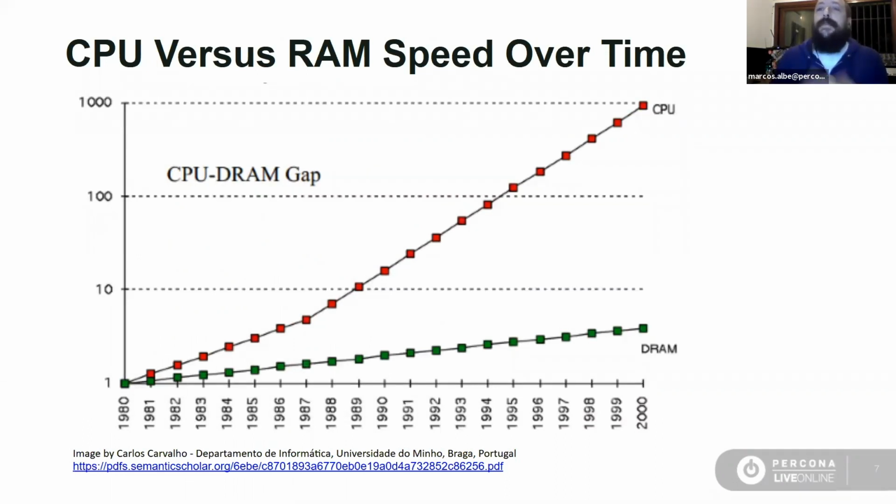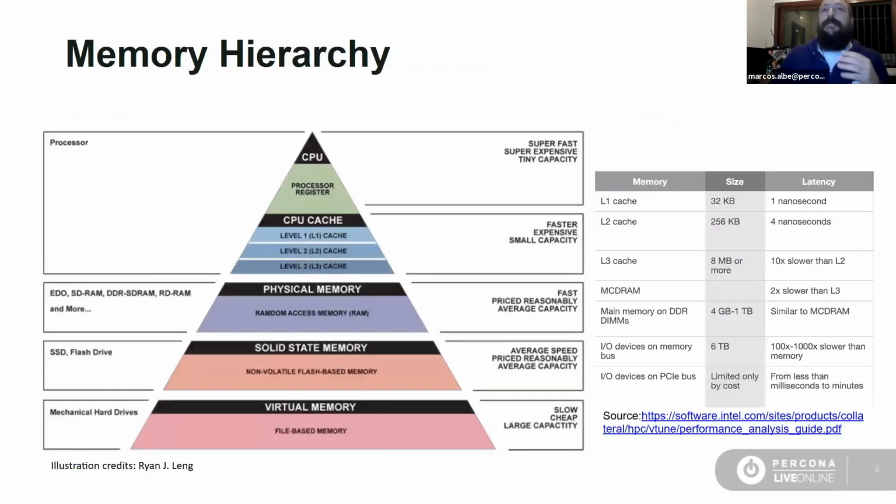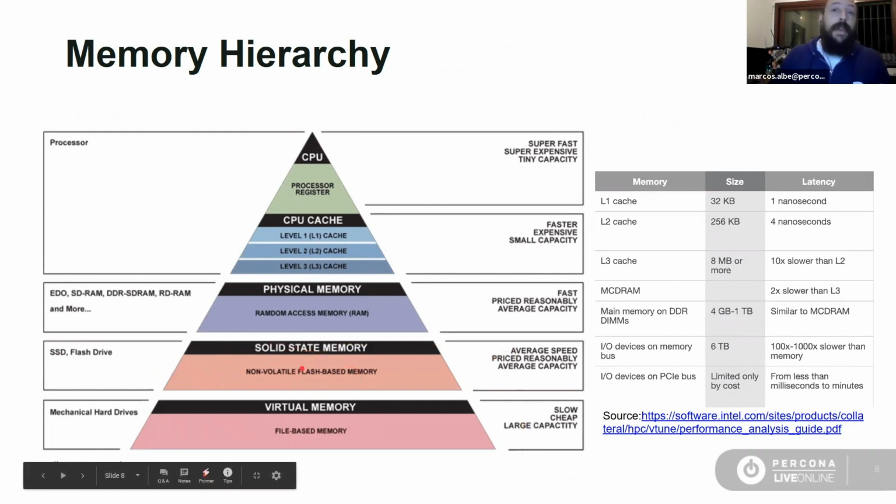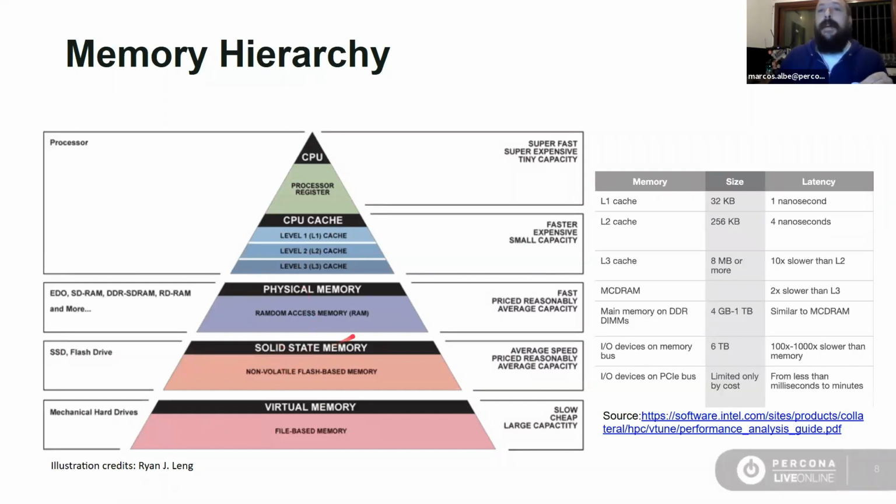Okay, so this is how CPU versus RAM speed has evolved. You can see the gap has really widened. And this is the basic memory hierarchy, where you can see at the bottom the cheapest and largest capacity memory, which is mechanical hard drives. Then we have solid state drives, which are smaller in size and not so cheap, but much faster. Then we have RAM, which is scarcer but faster and more expensive.